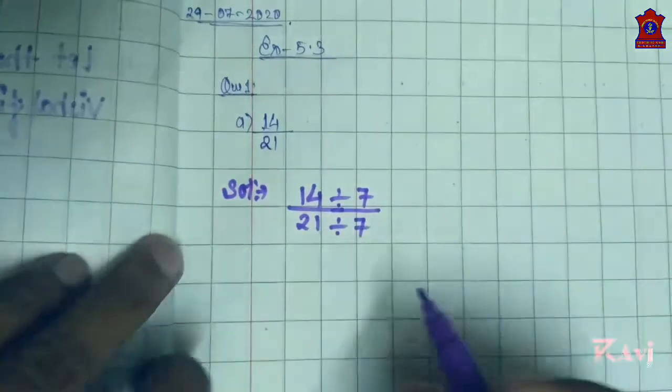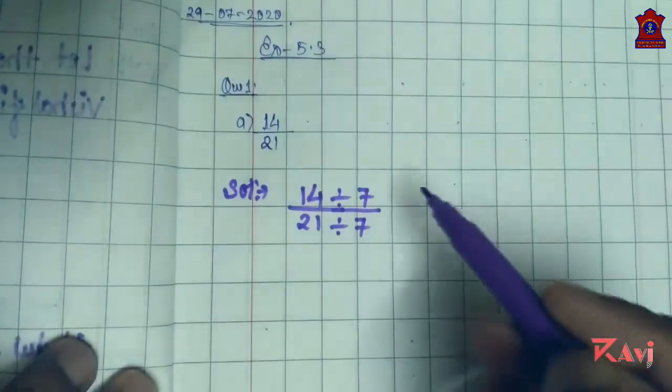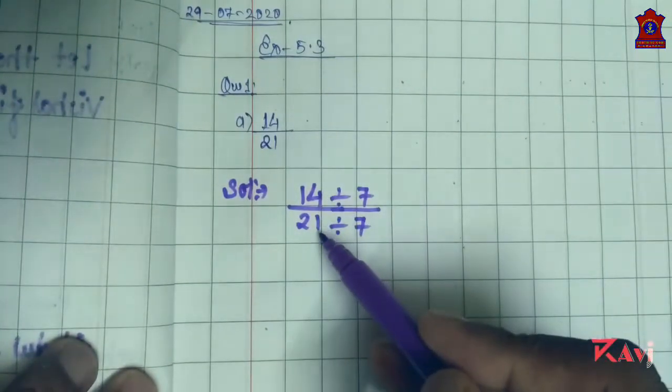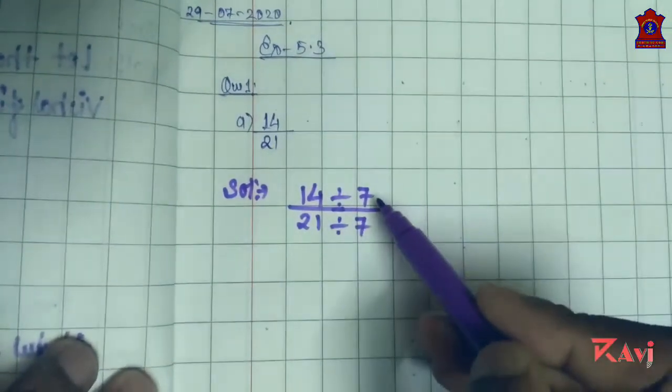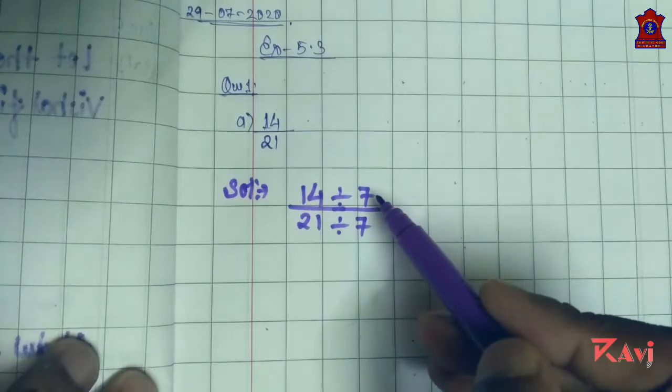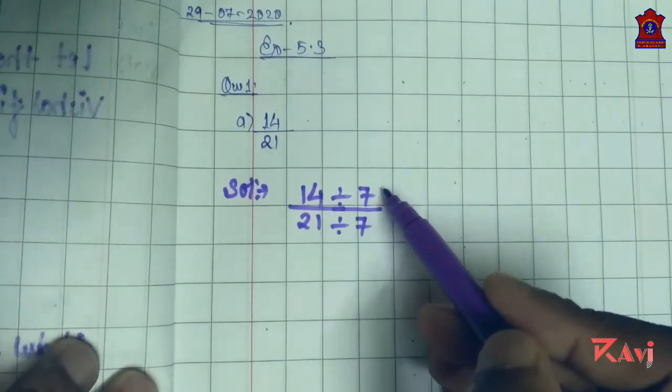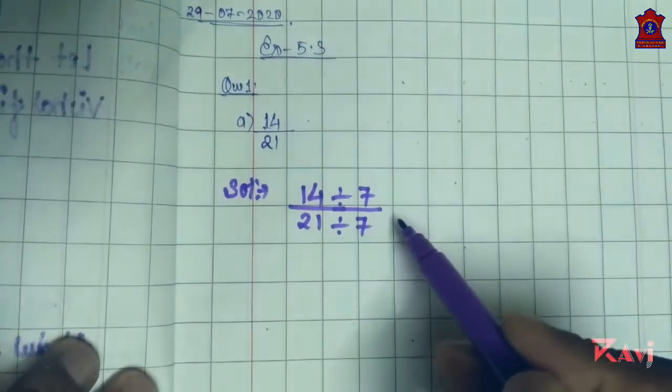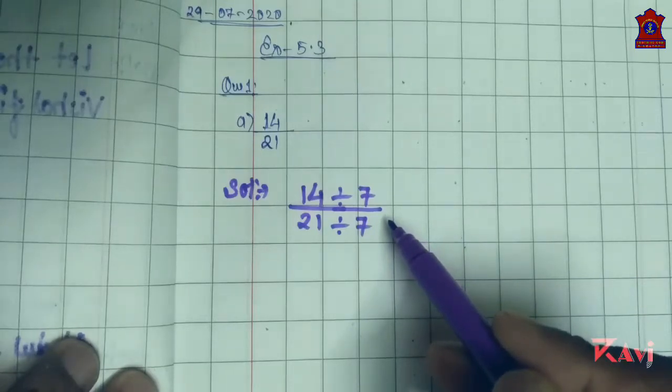You have to keep in mind that numerator and denominator will be reduced to their lowest terms by dividing both by the same number. If you're dividing the numerator by 7 and the denominator by 8, then it will never be in its lowest term.